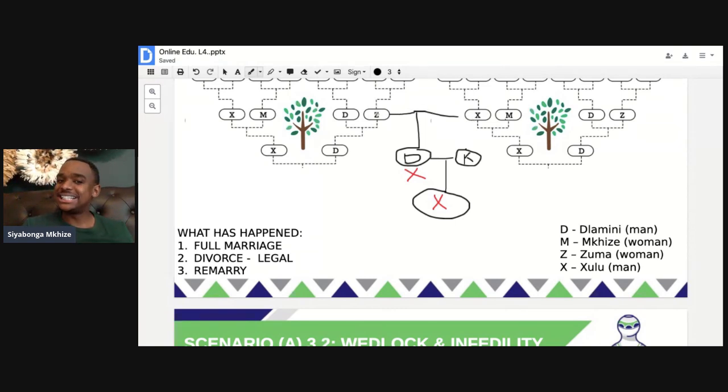Ngicela ukuthi sigeze ihlazo. The same thing I said last week. We mustn't pick and choose when to apply culture, right? Uzuma nalengane, this child here, though it was impregnated by another man uXolo, has to be Udlamini. Okay, this child here had to be Udlamini.